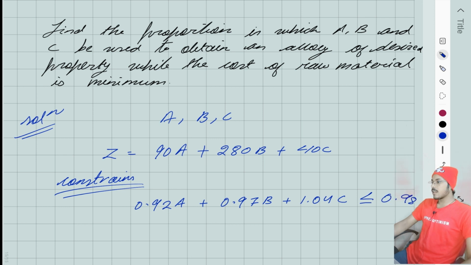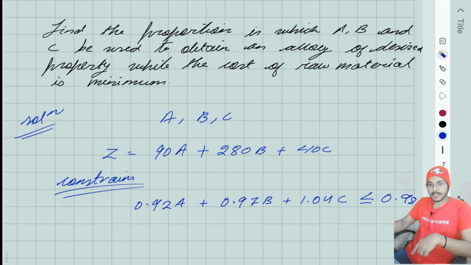That means you have to use the specific gravities of A, B, C in such a way that, so guys, we will solve this problem. There is one alloy and we have three raw materials A, B and C. We will use the raw materials in such a way that less raw material is used to make an alloy.